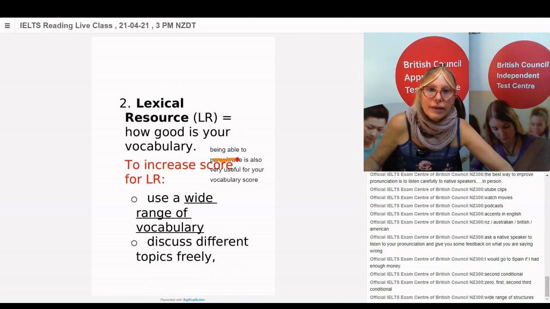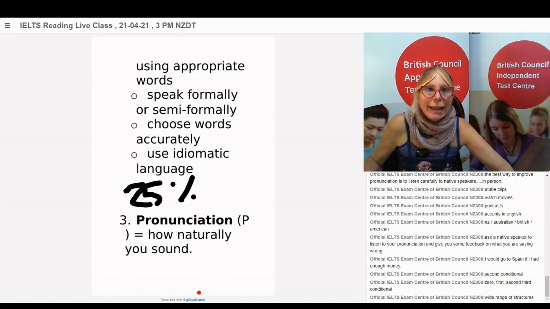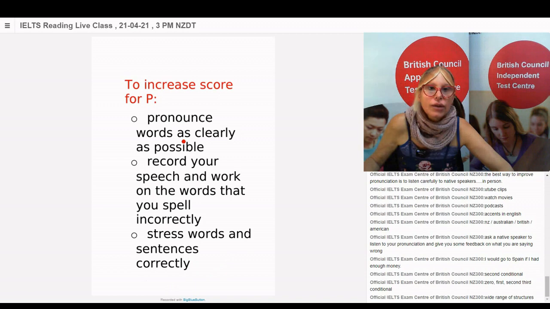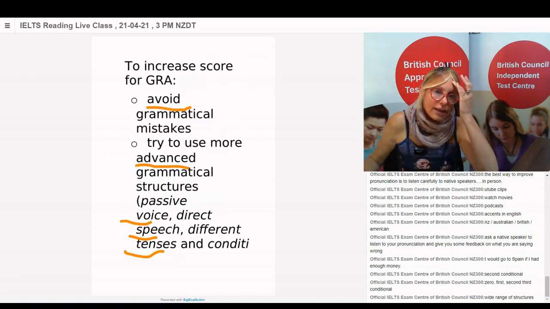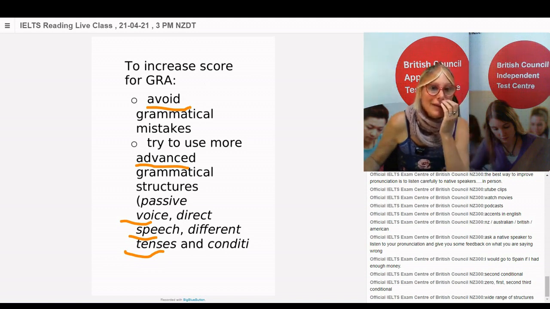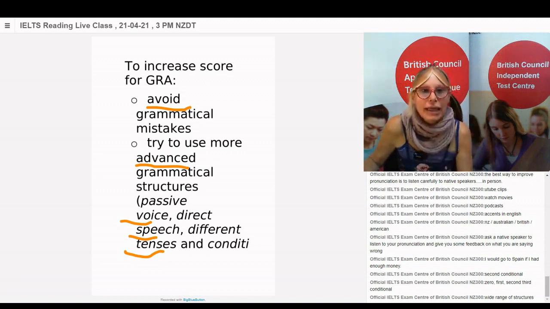If you can paraphrase, that will increase your score for vocabulary. And then pronunciation, how naturally you sound, whether you use some correct intonation and stress. And then grammatical range and accuracy. How wide is your range and how many errors do you make when you are speaking?